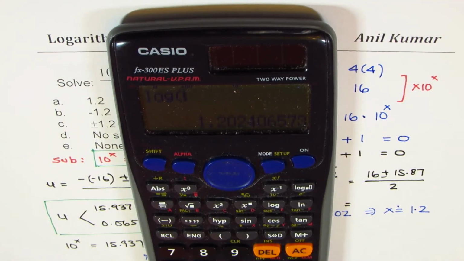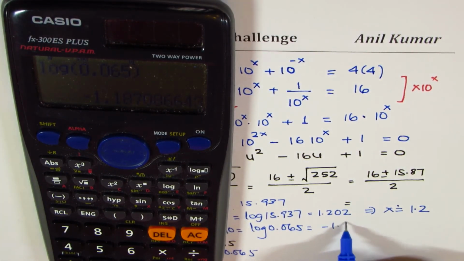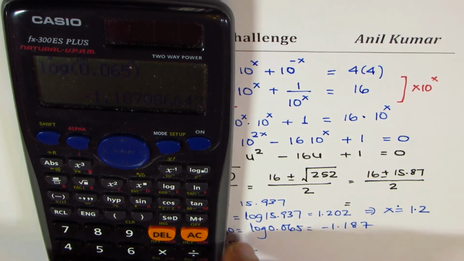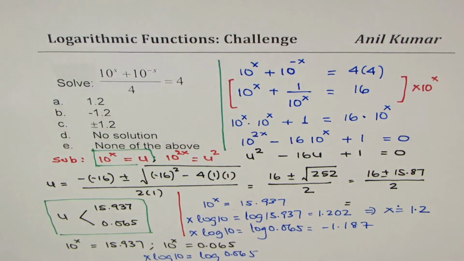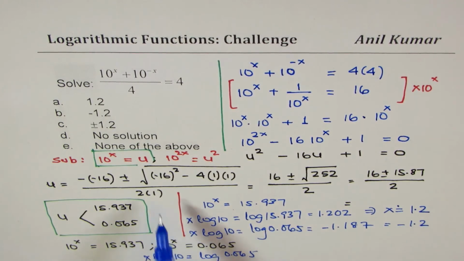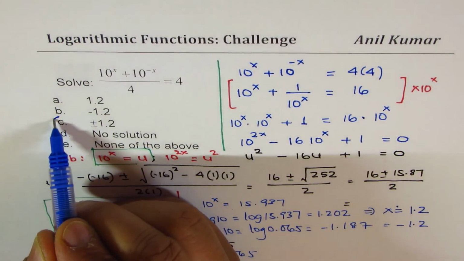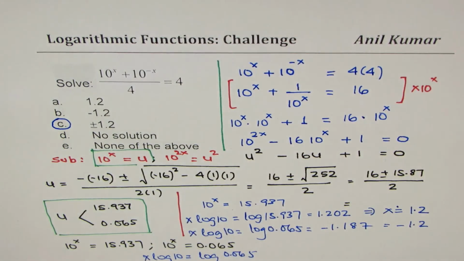Log of 0.065 is equal to minus 1.187, which could be rounded to minus 1.2. So we actually rounded this number, which gives us that result. So what we get here is both plus and minus values, and therefore option C is the right option.